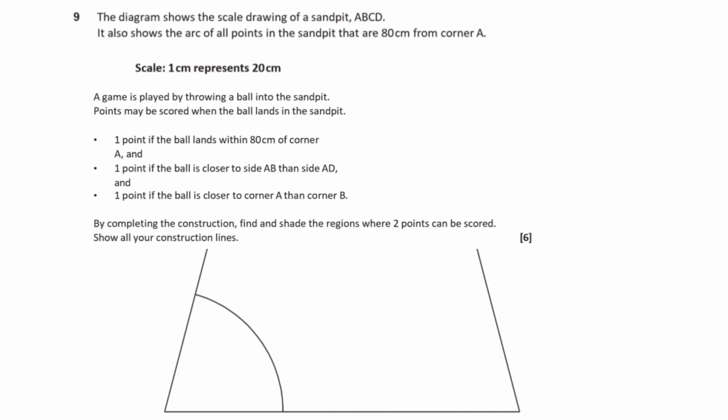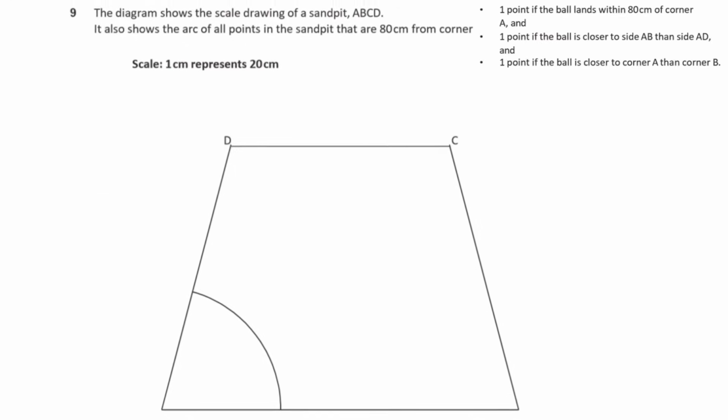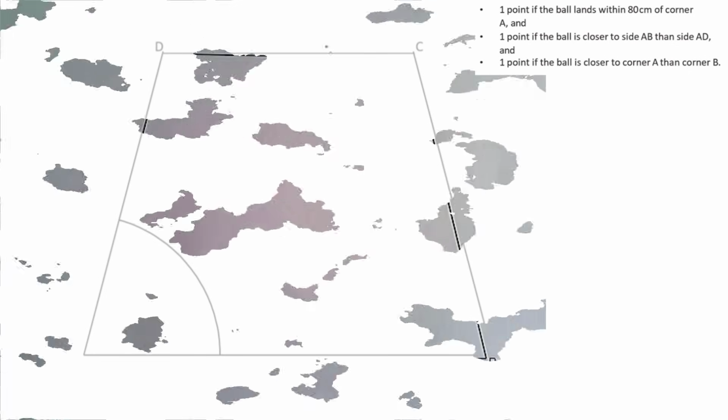Points may be scored when the ball lands in the sandpit. 1 point if the ball lands within the 80 centimeters of corner A, and 1 point if the ball is closer to side AB than to side AD, and 1 point if the ball is closer to corner A than it is to corner B. By completing the construction, find and shade the regions where 2 points can be scored. Show all of your construction lines.